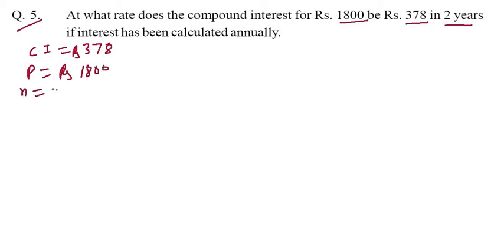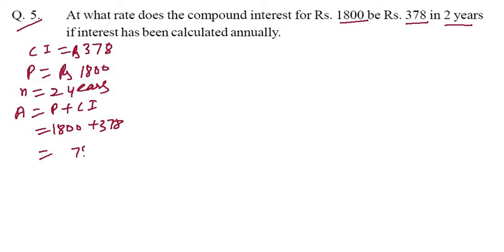So N will be equal to 2 years. Now amount will be equal to principal plus compound interest. Principal is given as 1800 plus here is 378. So that will be 2178. So that will be your amount.